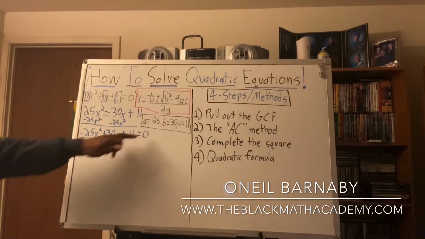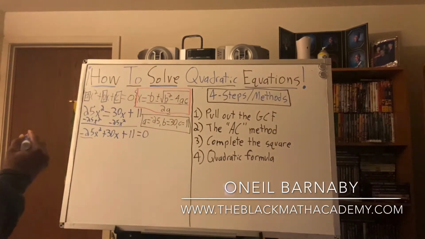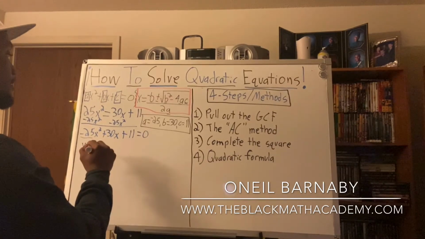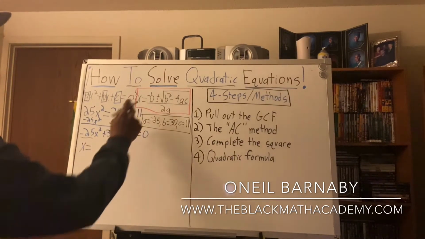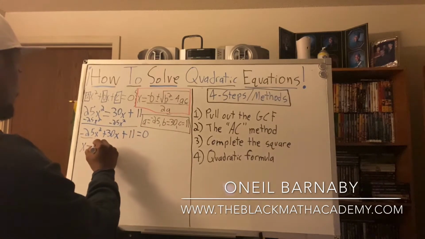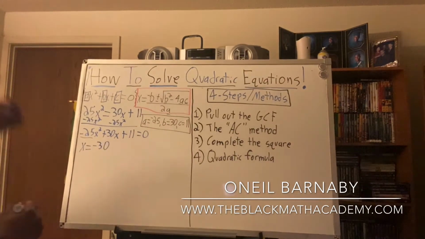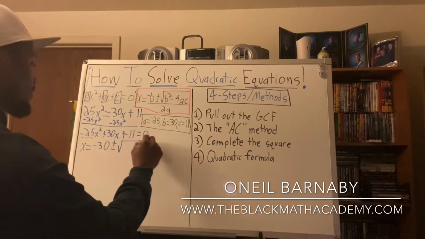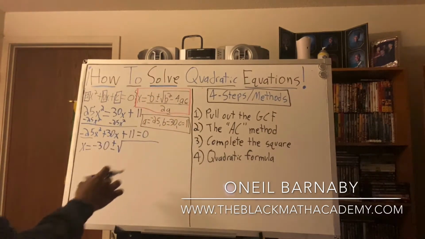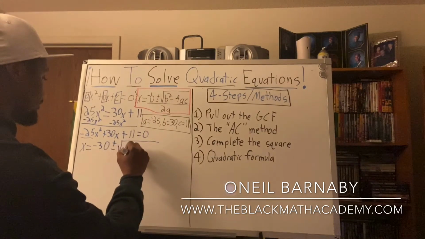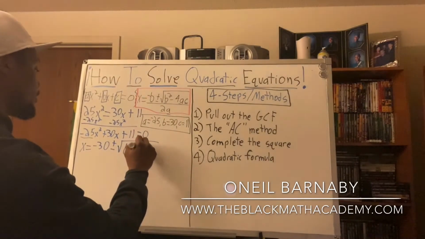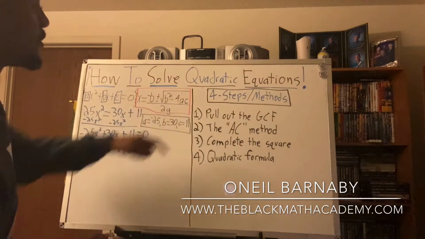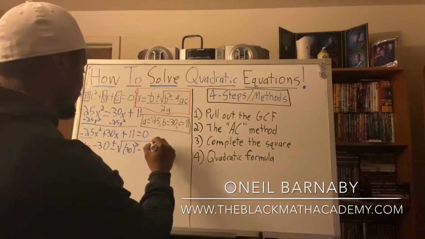Plugging in the values a, b, and c where they belong, here's what you get. x equals negative b, our b is 30, so that would say negative 30, plus or minus the square root of b squared. b is 30, so the quantity 30 squared, minus 4 times a and c. a is negative 25.